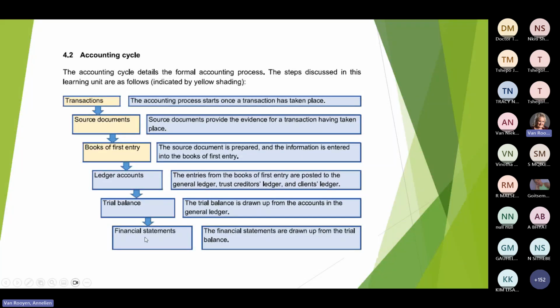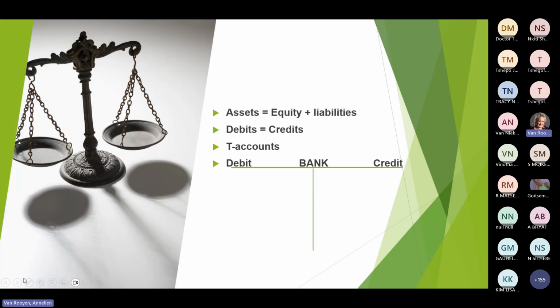And then from there, we get the final financial statements, which is drawn up by auditors, depending on the situation or the type of company, etc. But the trial balance helps us to draft the financial statements. So it's important that you understand the whole process from there; let me go back.